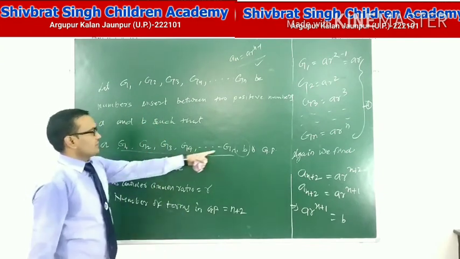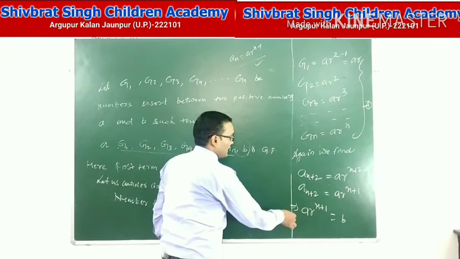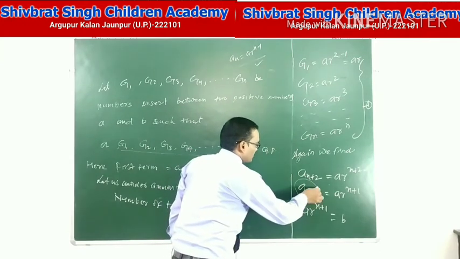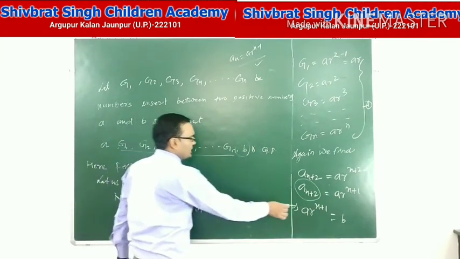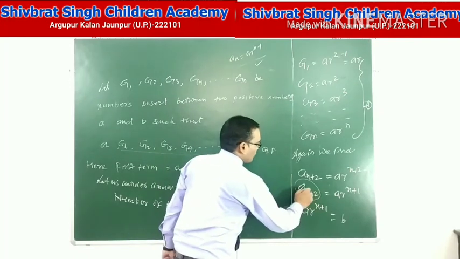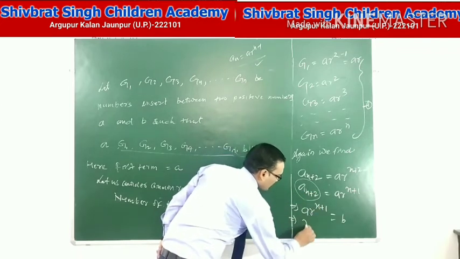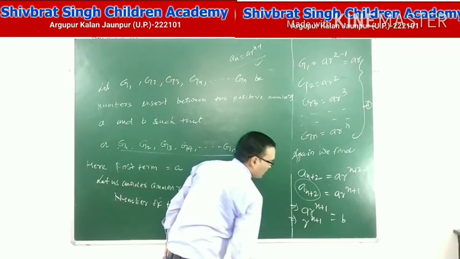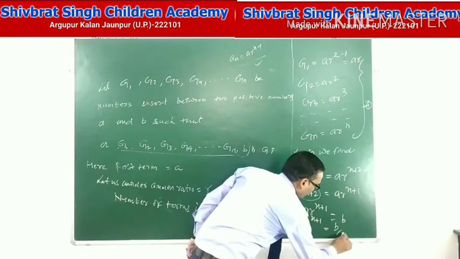The last term of this GP is b, that means the n plus 2 term of this GP is b. Then the value of an plus 2 is b. We put the value of an plus 2 as b, then we find ar to the power n plus 1 equal to b upon a.